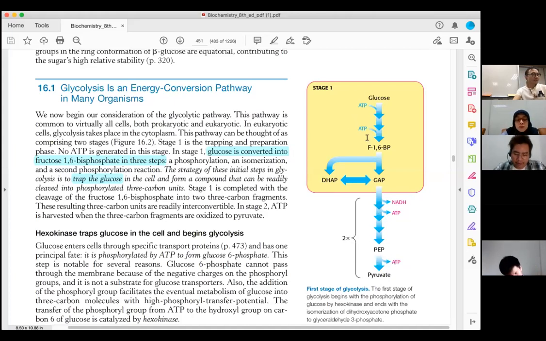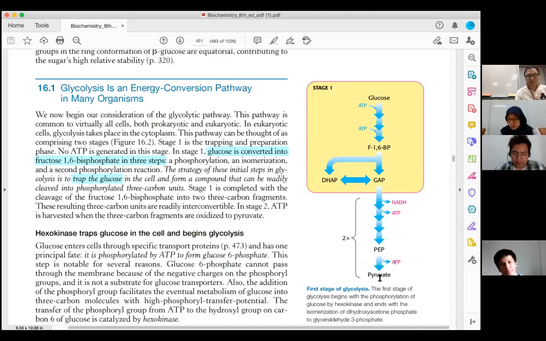So you consider the first 2 ATP are investment, right? The first 2 ATP are investment, which increases its potential energy, and then finally it collapses. And then you harvest additional 2 ATP. Okay, and this entire process is called glycolysis, and it generates 2 molecules of ATP.